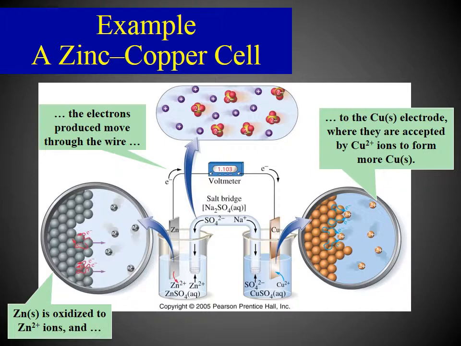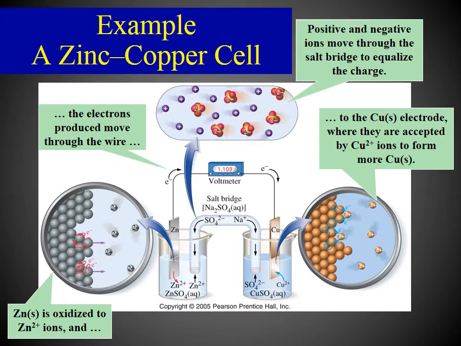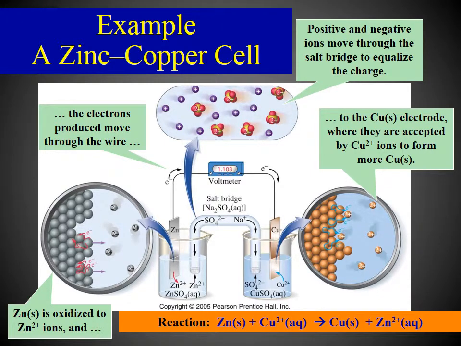Now, once again, the salt bridge is in the middle, connecting the two beakers, and providing the positive and negative ions to make sure that the reaction can continue. And so the overall reaction is zinc being oxidized while the copper 2 is being reduced.